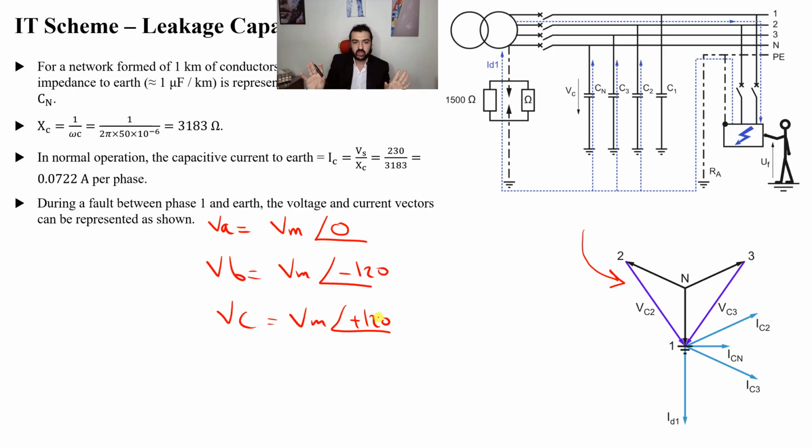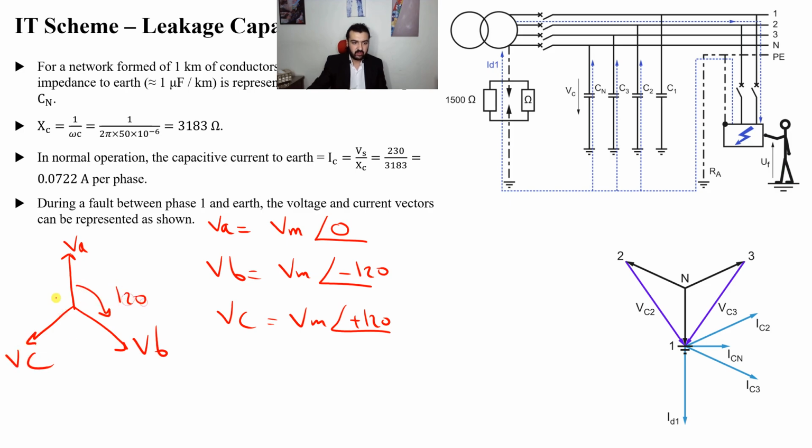I can draw it like this: VA, VB, VC, as long as I am preserving this 120 degrees.